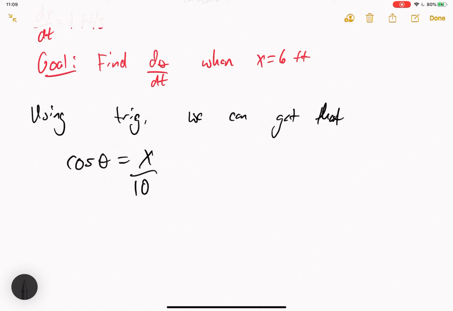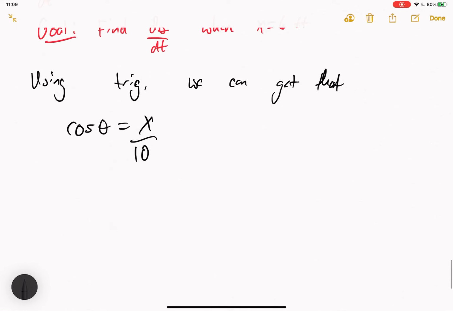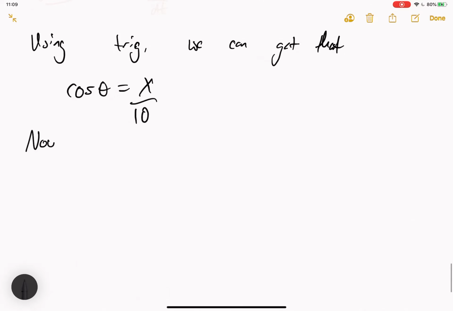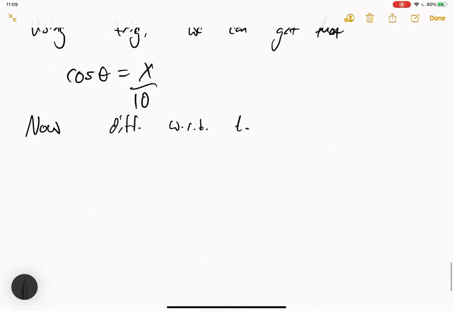And then the last thing we have to do is differentiate. We're going to take the derivative of this whole equation, cosine of theta is equal to x over 10, with respect to time. What we're going to get is negative sine of theta times d theta dt, because this is like the chain rule.